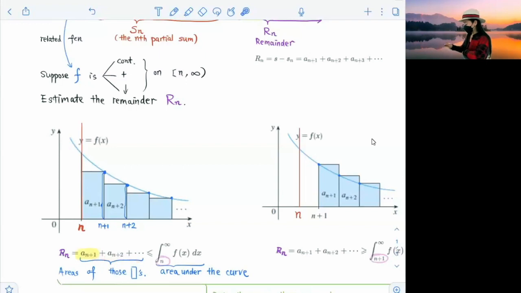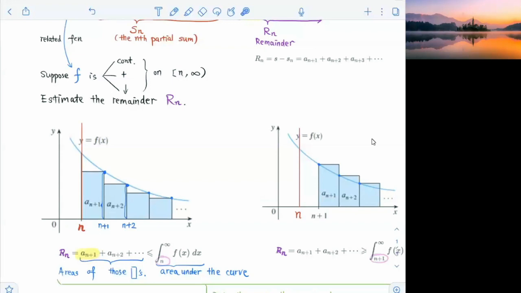So you have the sum of those rectangles over here, and we compare that to the area under the curve from n on. Here is n. We have this extra space over here, so the sum of the rectangles is going to be less than or equal to the area under the curve.